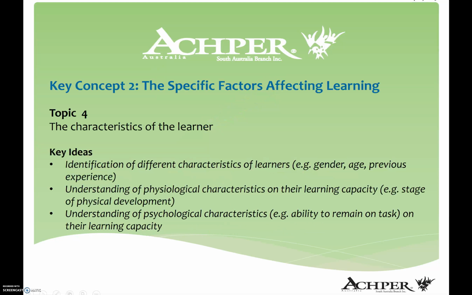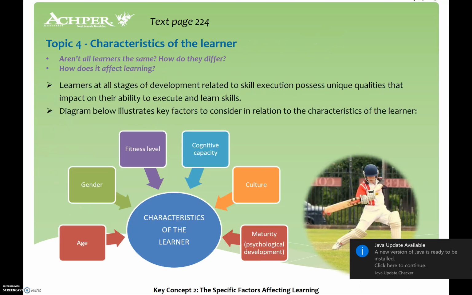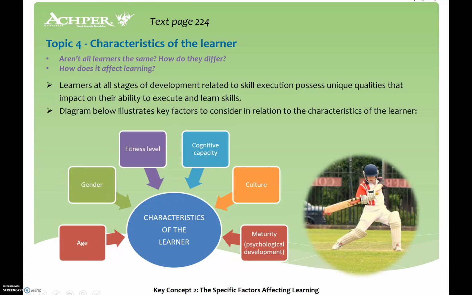Next bit we want to look at is characteristics of the learner. Learners at all stages of development related to skill execution possess unique qualities that impact their ability to execute and learn skills. So things like their age, their gender, their fitness level, their cognitive capacity, the culture they're from, the maturity.